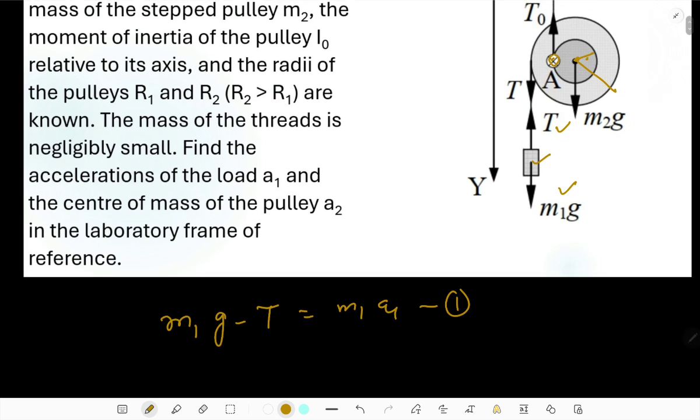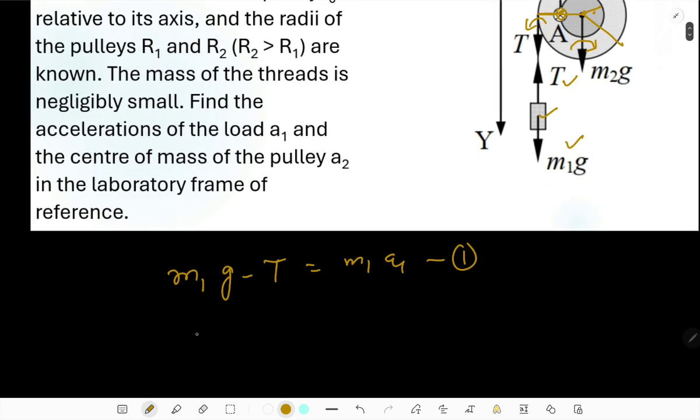But what are the torques? Who is producing torque about this axis of rotation passing through A? m2g is producing a torque in the clockwise direction, so this torque will be taken positive. The tension T is going to produce a torque in the anti-clockwise direction, so I'm going to give it a minus sign.